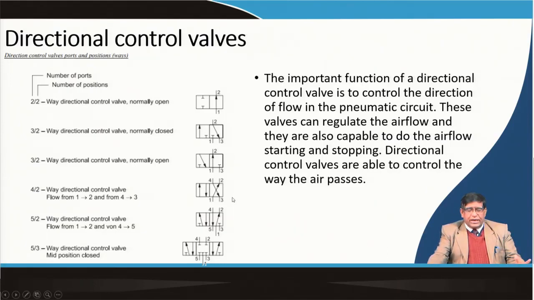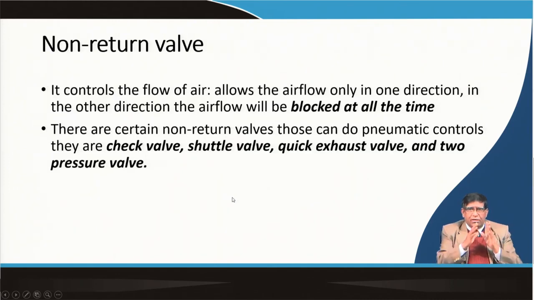So, that is exactly the main thing done by the directional control valve, but to give the operations in a proper way, you will have to see that the air does not come back or return. So, sometimes it will have to move all the time in one way. So, there you will be using this non-return valve, where they are allowing the air flow only in one direction.